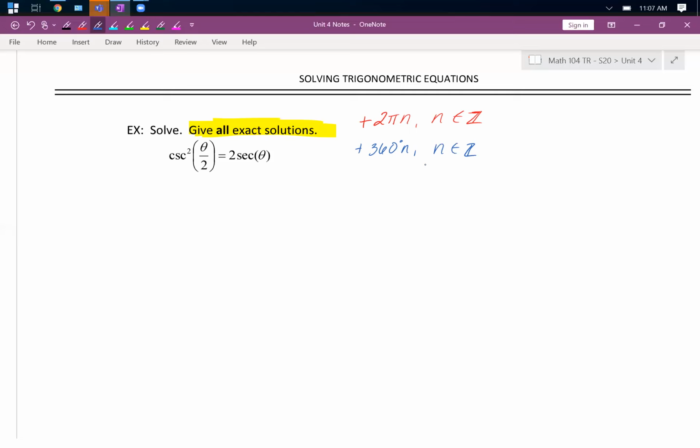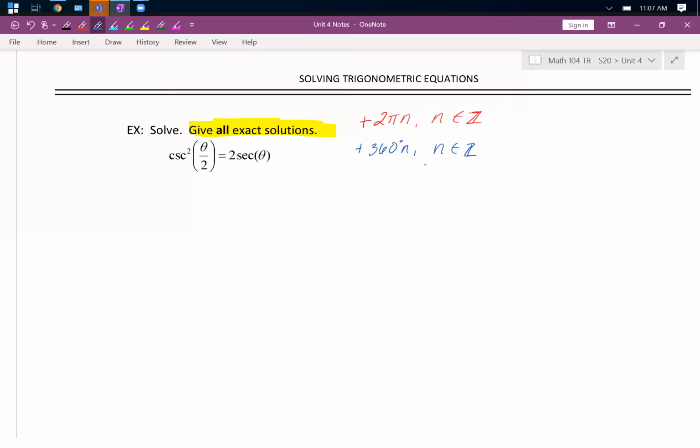So I'd like to get in terms of a single trig function with an argument of just theta. To get rid of that argument of theta over 2, we would use a half angle formula, but we don't have a half angle formula for cosecant. So what do you think we should do to deal with that?